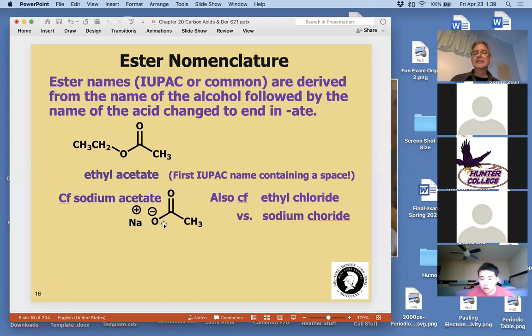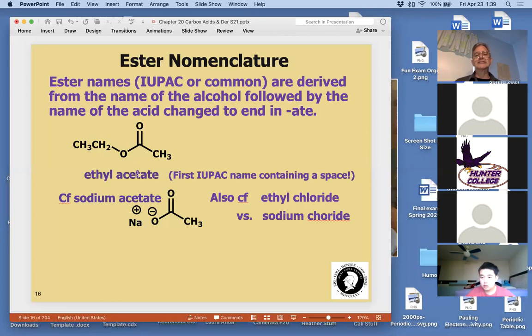Okay, and we see this in ethyl chloride, which has the same form as sodium chloride. So these names remind us of an era when they didn't know the difference, but the pattern of the names has continued. Ethyl chloride is not the IUPAC name, it's chloroethane, but this is how esters are still named.